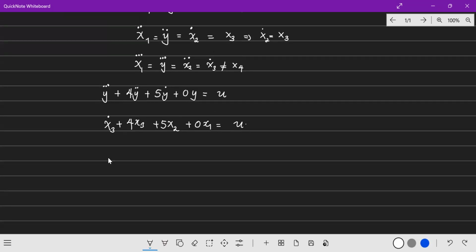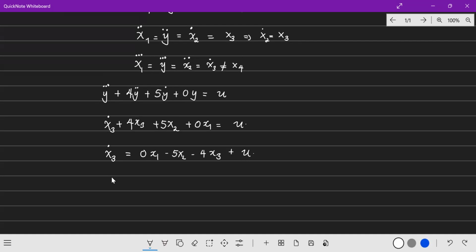I'm trying to solve for x3 dot. So x3 dot as our state variable is equal to, writing this in the order of x1, x2, and x3, 0x1 minus 5x2 minus 4x3, and then plus u.